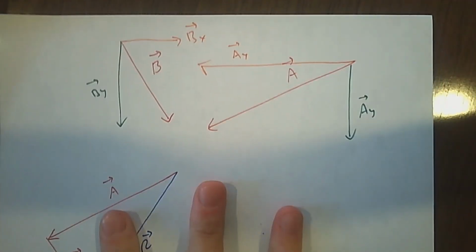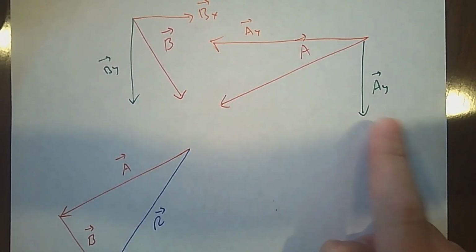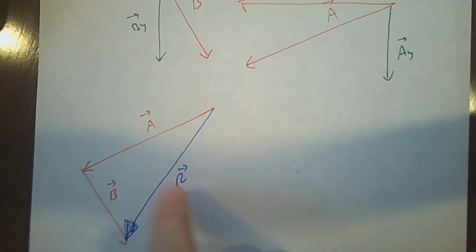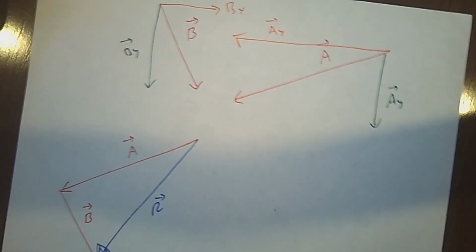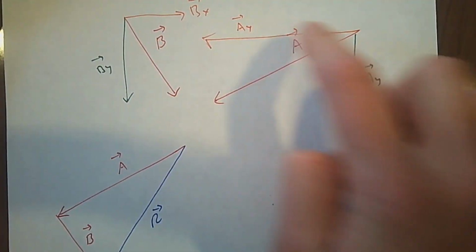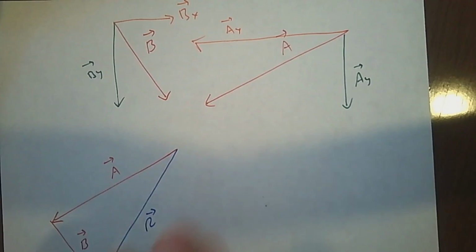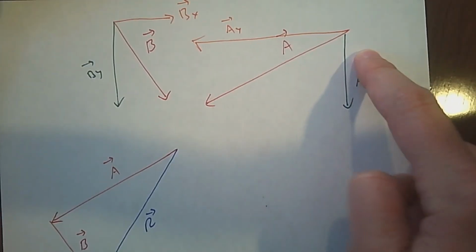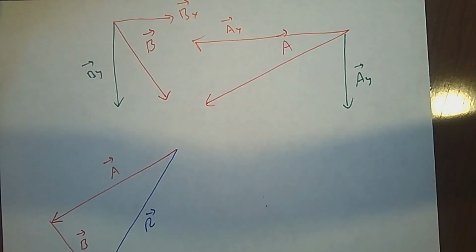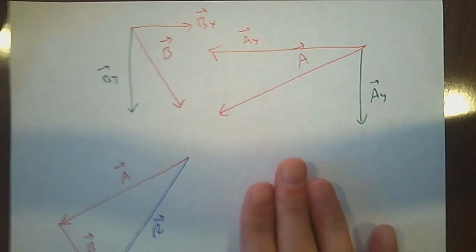So what I'm going to do now is add this vector, this vector, this vector, and this vector together, and I will show you that I get the same answer here as vector R. So it doesn't matter which order I add these four components together in, and I would encourage you guys to practice that. Try different orders of adding these vectors together, and you should see that you get this vector every time. So I'm going to pick a random order to add them just based on the space that I have.